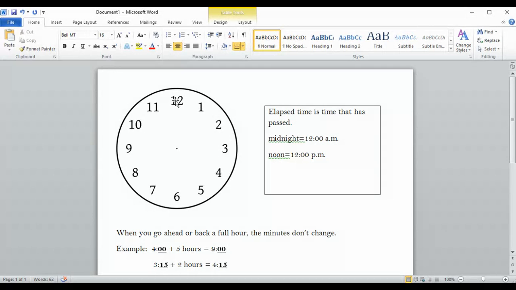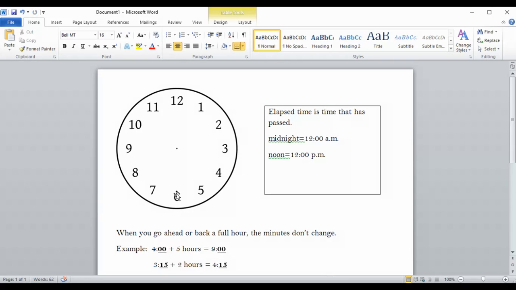So if we said that something was half past, that would mean that instead of being o'clock, it's going to be down here at the 6. So it's going to be 1:30 or 2:30 or 7:30 or 10:30. If it is half past, it is 30 minutes past the hour.